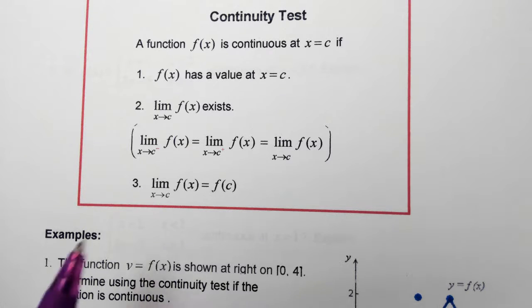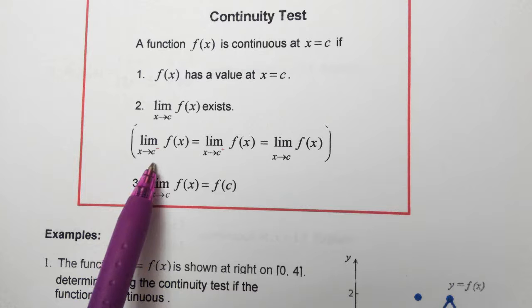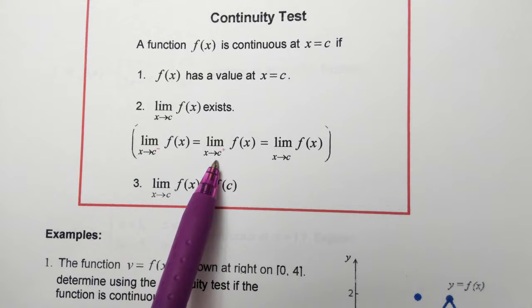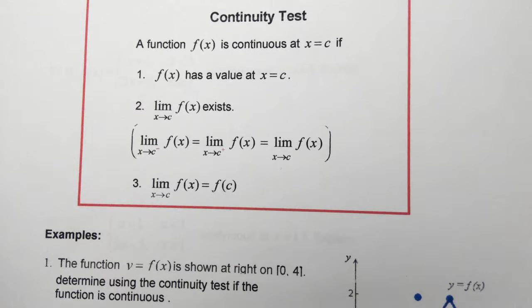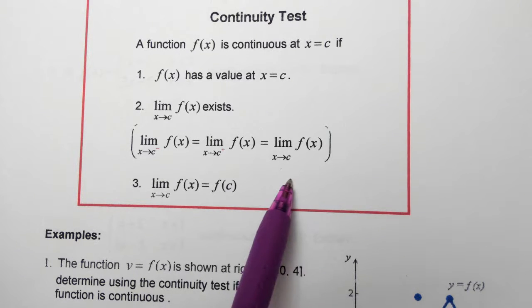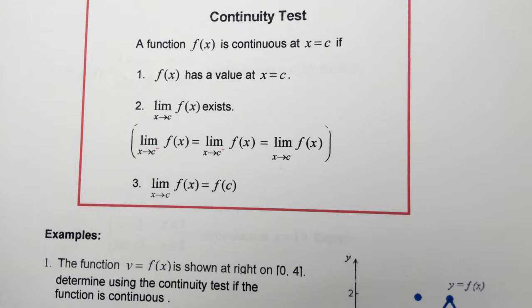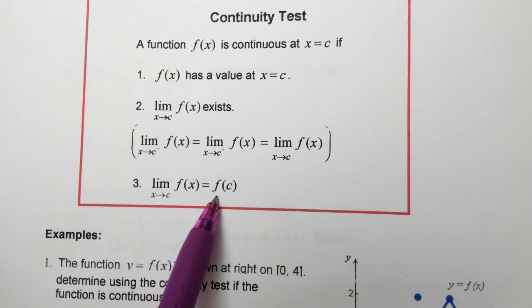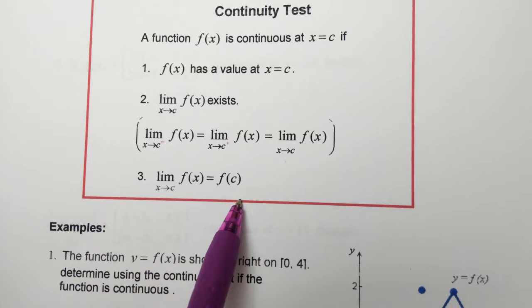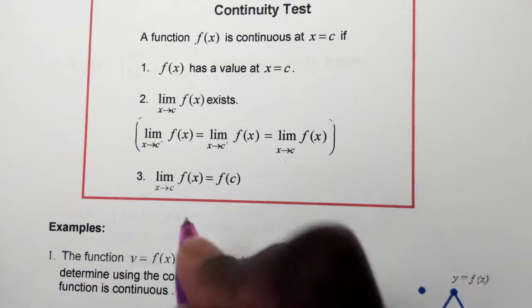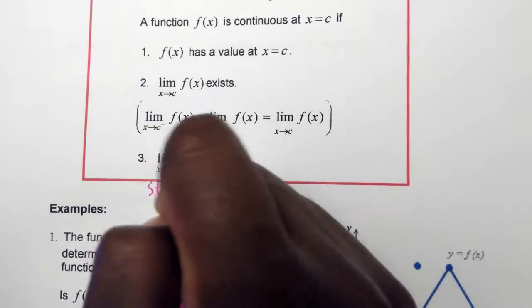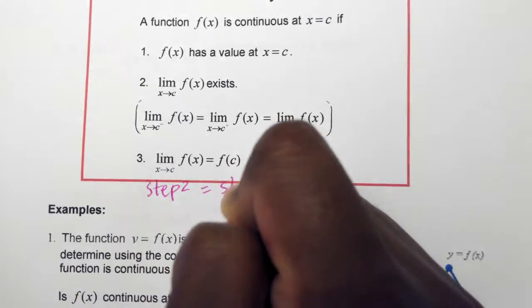So you would have to find the left-hand limit as x approaches c from the left-hand side, and the right-hand limit as x approaches c from the right-hand side, and if both of those are the same, then the limit of f of x as x approaches c does exist, just like we did with limits in the last section. In part 3, the limit that we find in step 2 has to equal the value of the function at x equals c, which is what you find in part 1. So this is basically saying that step 2 must equal step 1.